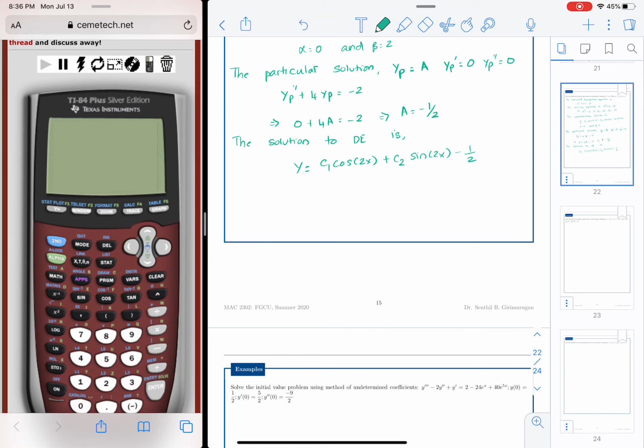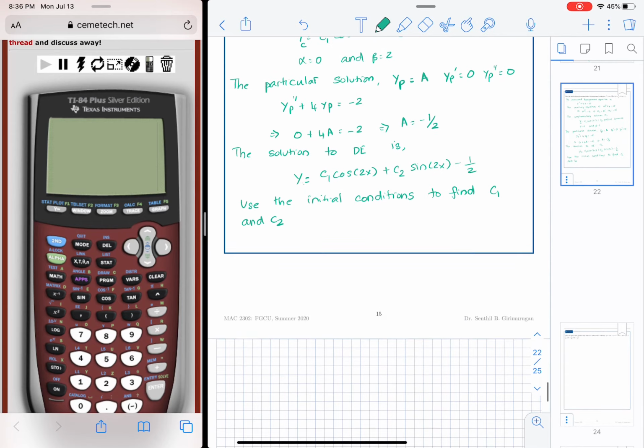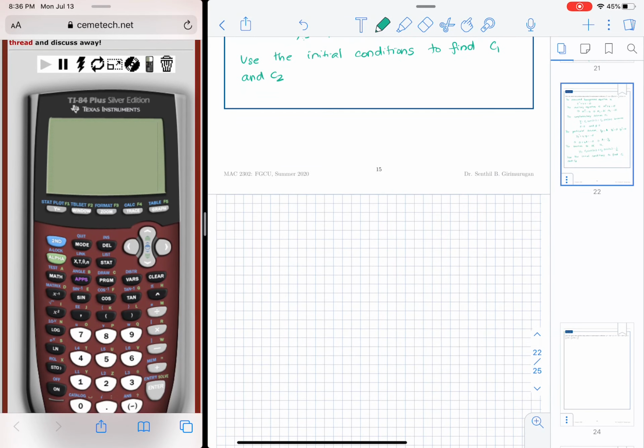Now, we use the initial conditions to find C1 and C2. y of pi over 8 is 1 over 2.